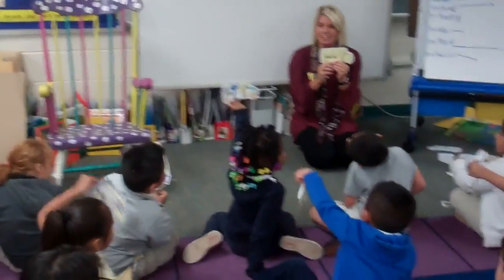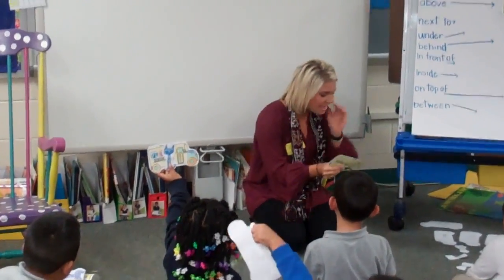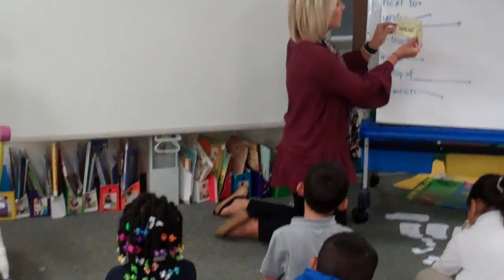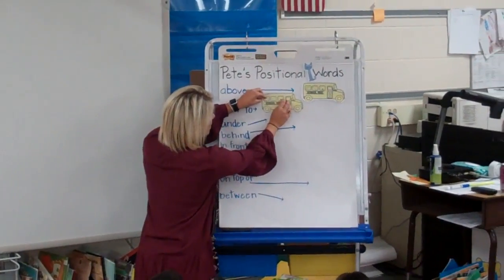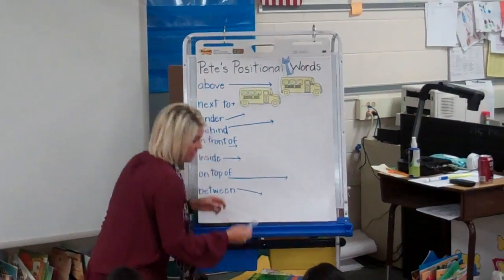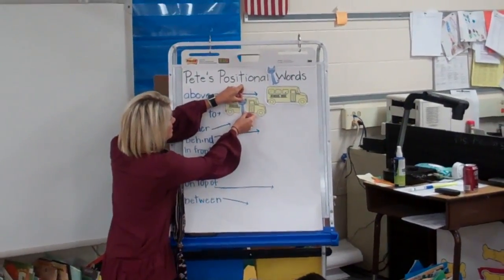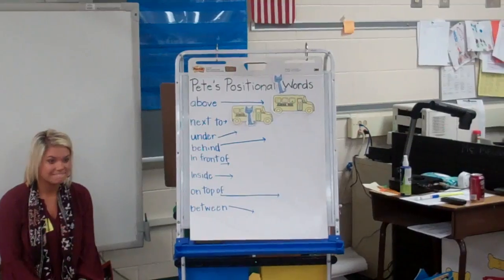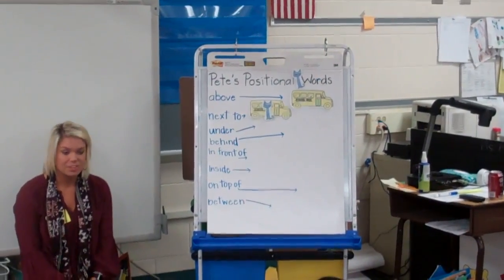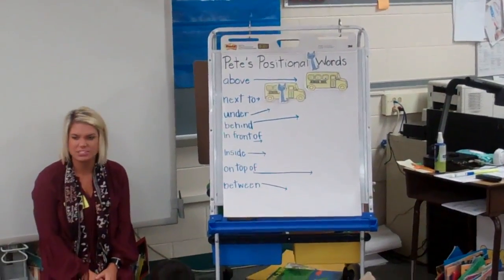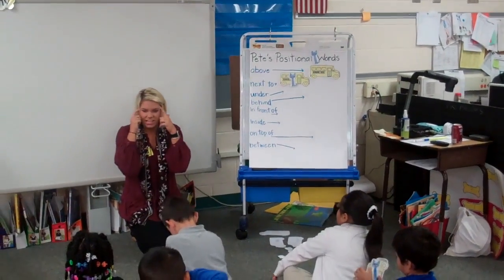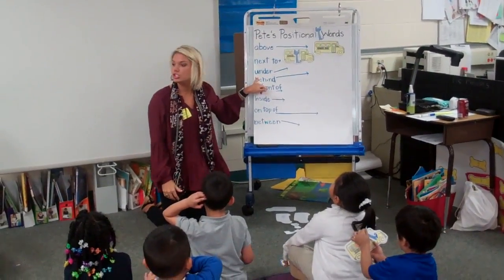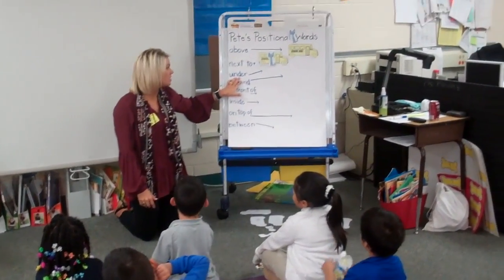Good job, India. Good job, Jade. It would look like that. That's exactly right. So it would look like this. And he is next to the bus, right? Yeah, over here. Good job. You meant in front or behind. I know it's a little tricky, but you got to think of it as the bus itself. Okay? All right, let's move on to our next one.